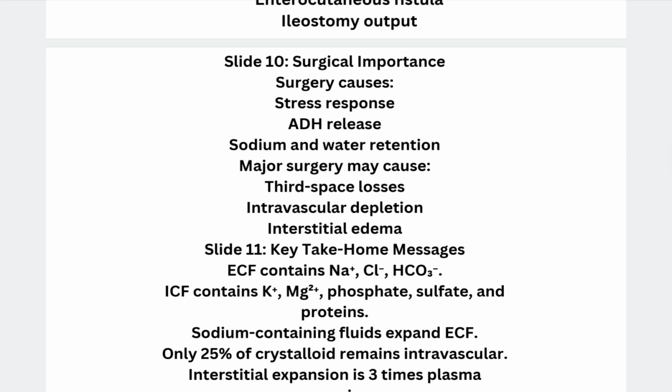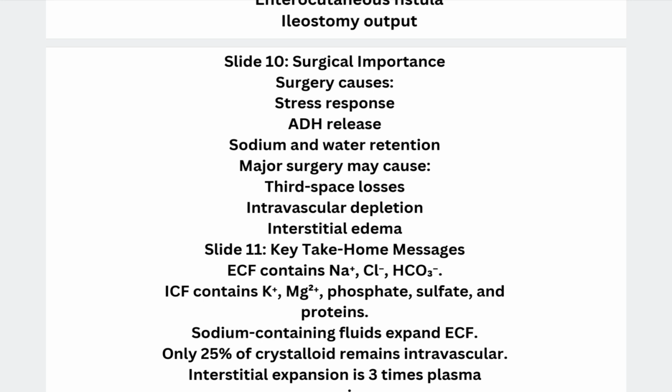There is a stress response and antidiuretic hormone is released, which leads to water retention and hyponatremia. If the body is already retaining water and we give excessive fluid, either crystalloids, colloids or blood transfusion, it leads to overperfusion and fluid overload.